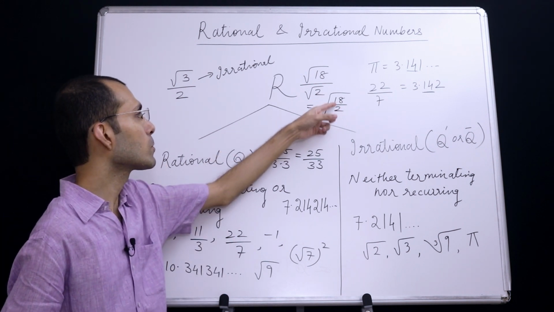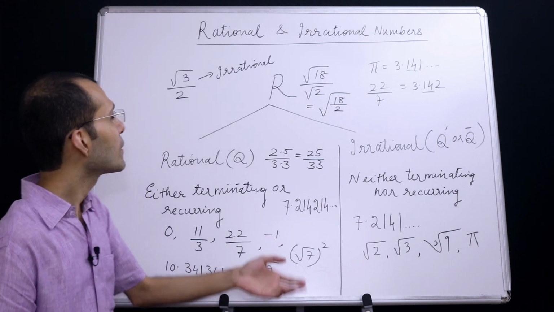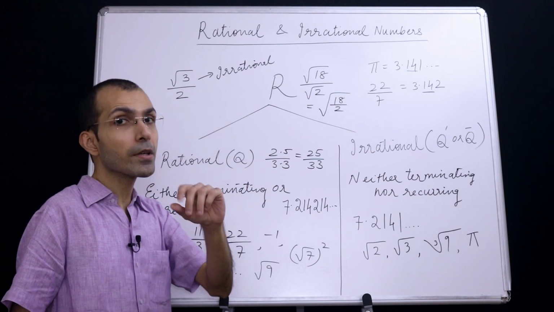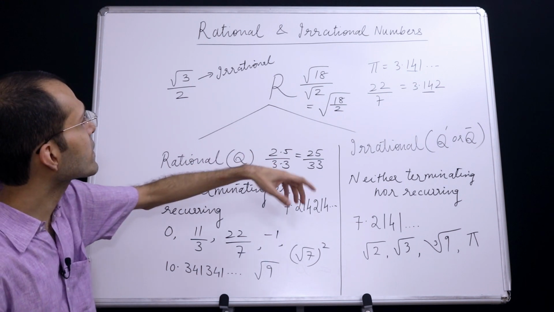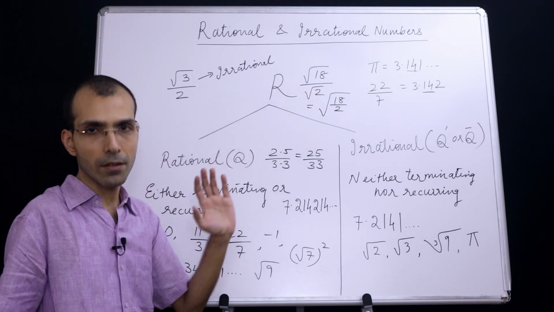So this will be root of 9, that is 3, which is rational. So root 18 upon root 2 appears to be irrational, but some thought clearly shows that it is rational.